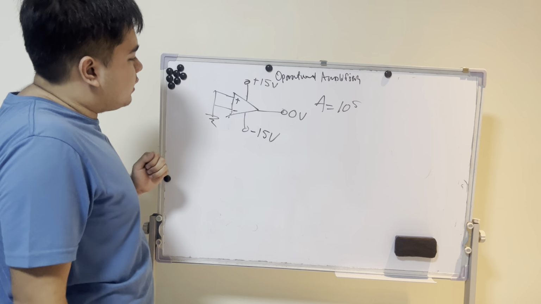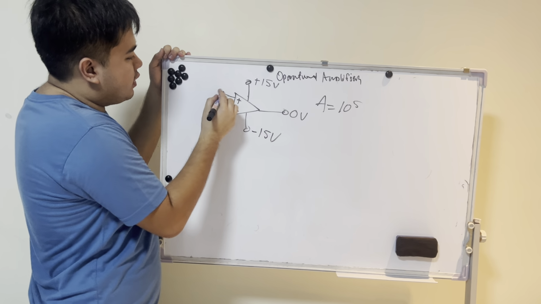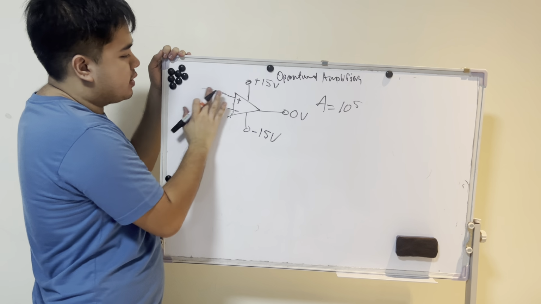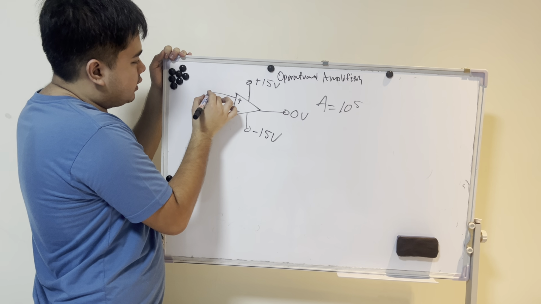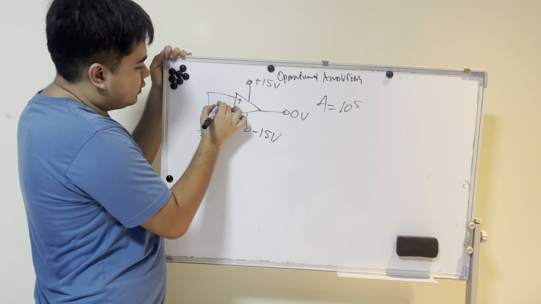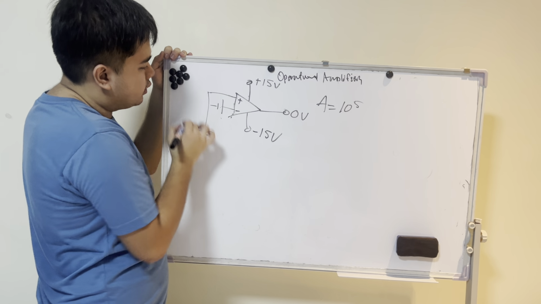But this is not a perfect world. There is some leakage going from positive to negative, or maybe negative to positive. So we can model it by both still going through to ground, but there is now a voltage here.